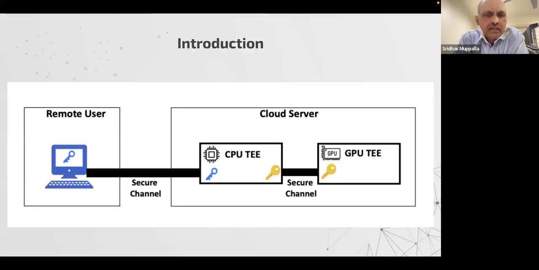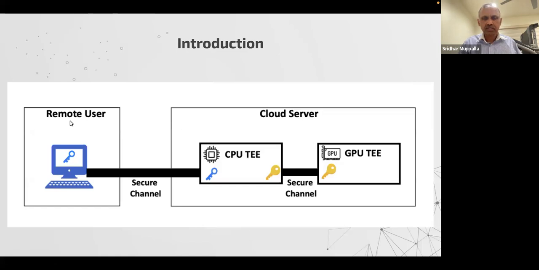In the introduction diagram, you see there are two major components: a remote user and a cloud server. Within the cloud server, you have two components: the CPU TEE and the GPU TEE. Here you see they're all securely connected.